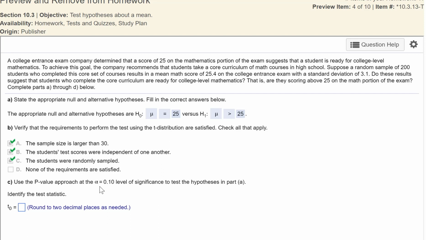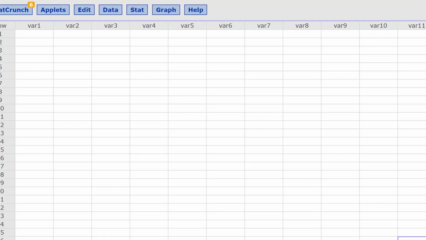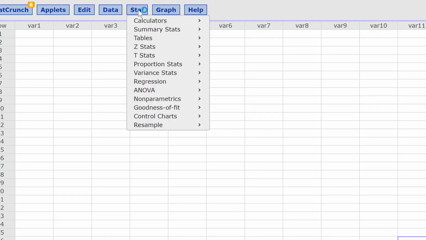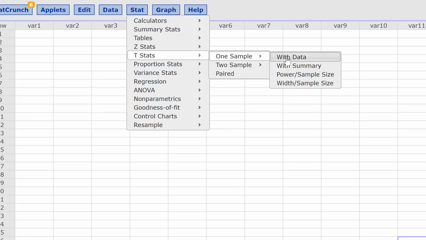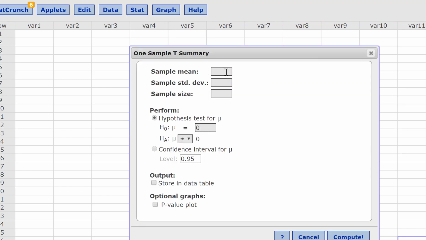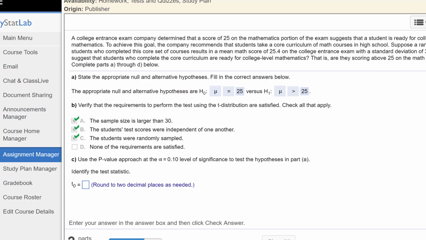Use the p-value approach, and alpha is 0.10. So this is sort of our cutoff value to test the hypothesis in part A. So let's identify the test statistic. I'm going to run over to StatCrunch. We're going to go to Stat, T Stat, and we're still looking at one sample, but this time we just have a summary of the data, where I'm given a sample mean, I'm given the standard deviation, and so on.